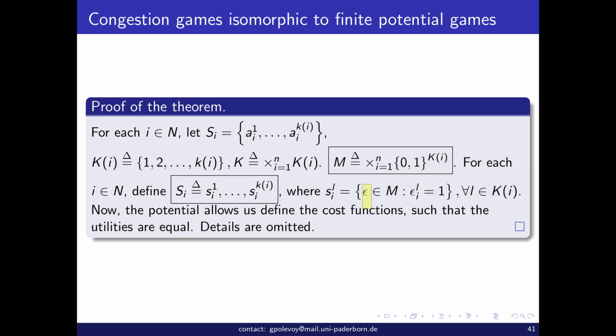But from now we simply use the fact that the game is a potential game, and we prove that we can define cost functions such that the utilities of the resulting congestion game will indeed be the same as the corresponding utility of the original game. Okay, so that's the part of the proof that we show.